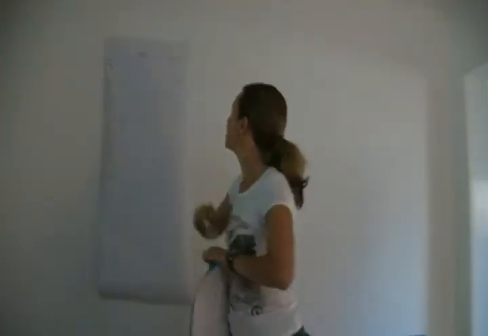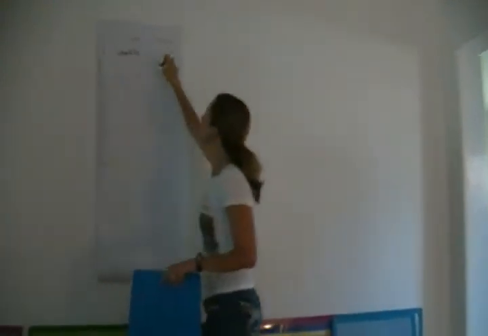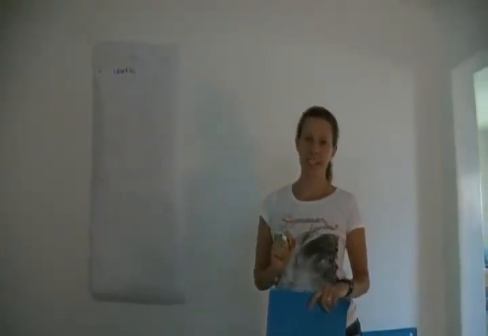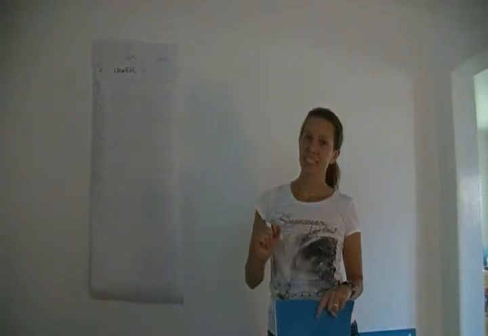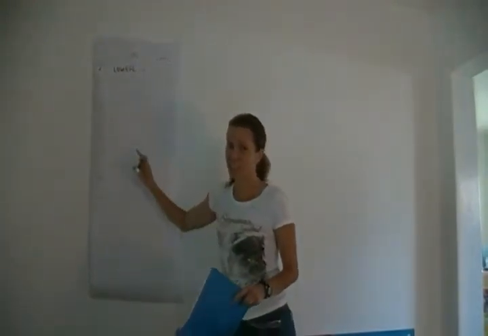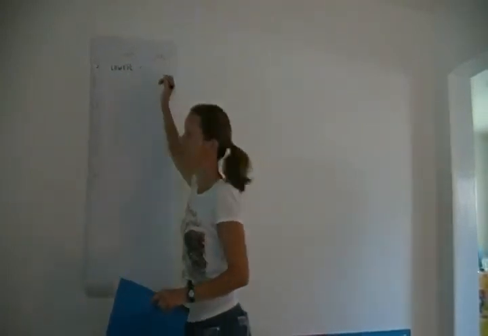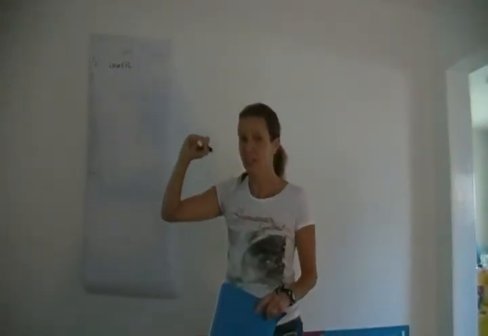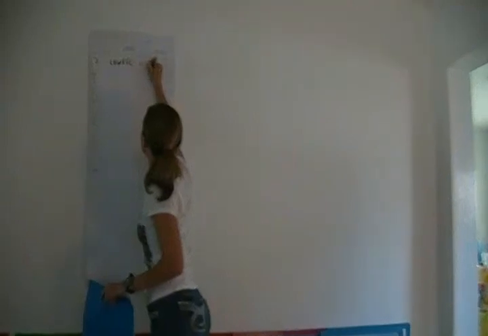Oh, let me get my marker. Lower. And for lower motor neuron lesion, it's not higher because they're not all opposites. It's also lower. So for both, the strength decreases or is lower.